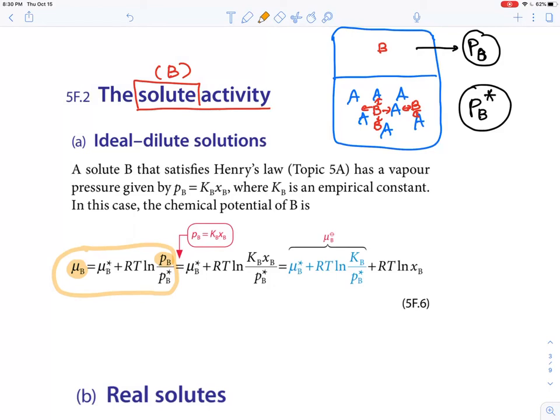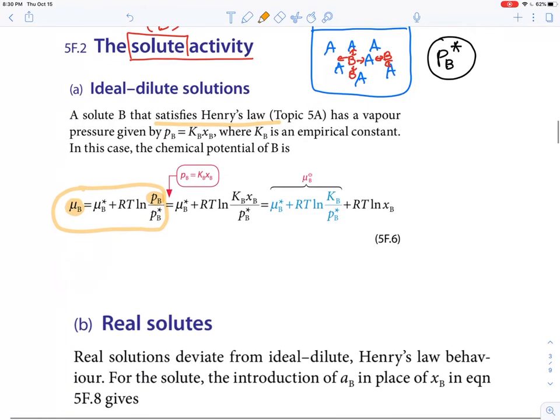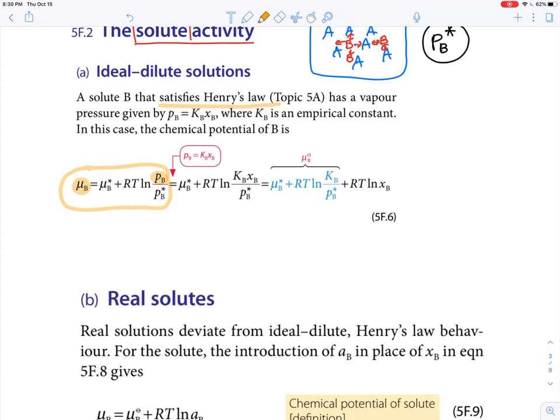So this is always true, but now we are going to put a case where things behave as if they satisfy Henry's law, or if they do not behave by Henry's law, and then eventually we'll have a very generic expression that leads to the next section of the discussion.